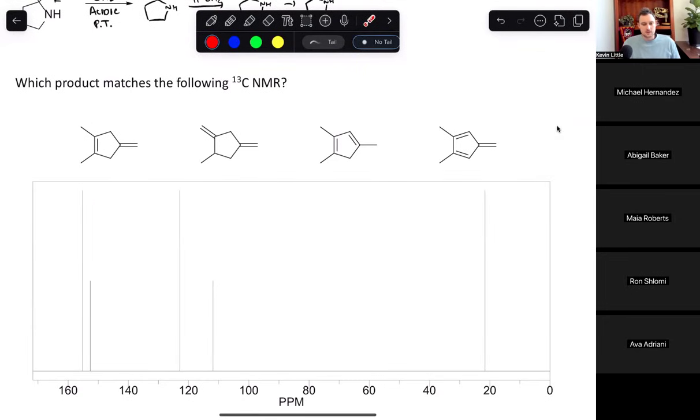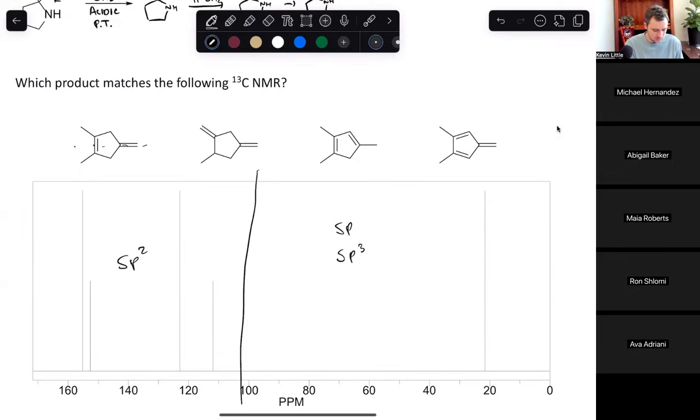All right. So carbon NMR. I'm going to draw a line at 100. This is my sp3 carbons, and this is my sp2 carbons. So I have one sp3 and 4 sp2. I can pretty much quickly eliminate a lot of these with that knowledge. There is symmetry here. That would give me 1, 2. This is 2 sp3s, so off the bat, it can't be that one.